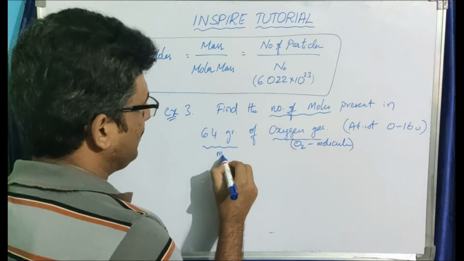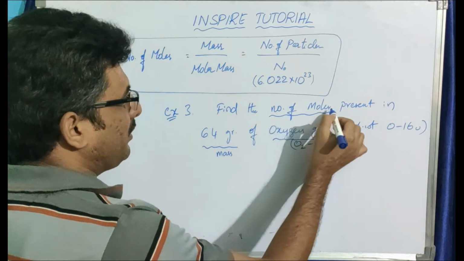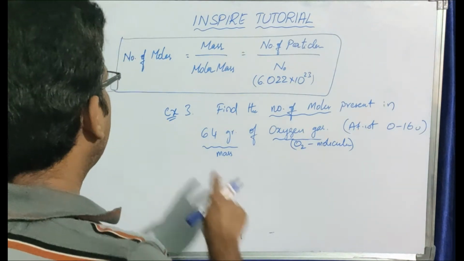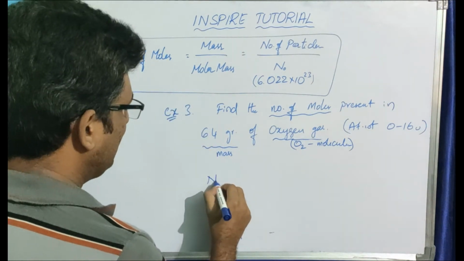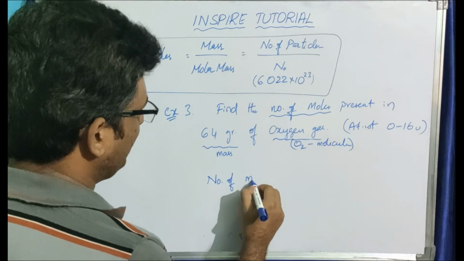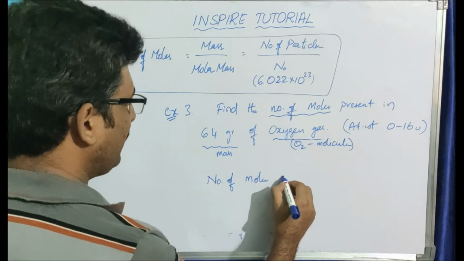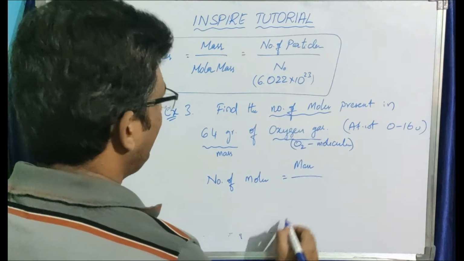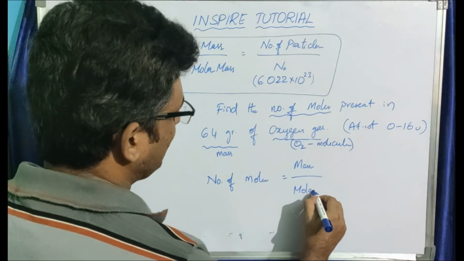That means this is mass. You need to find number of moles and mass is given. Okay. So from here, number of moles equals mass, meaning the given mass, divided by molar mass.